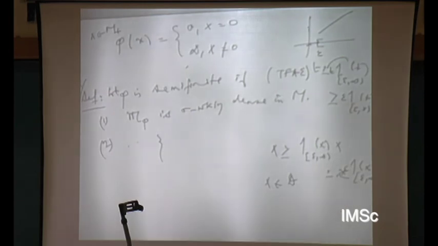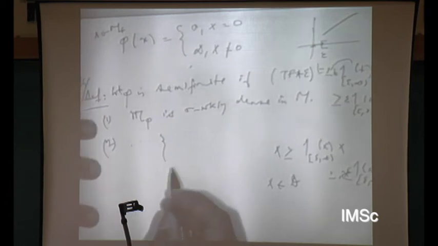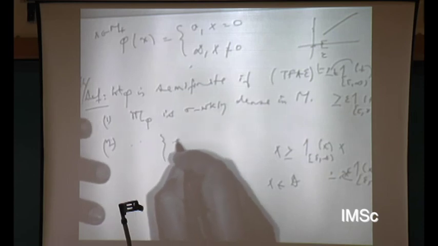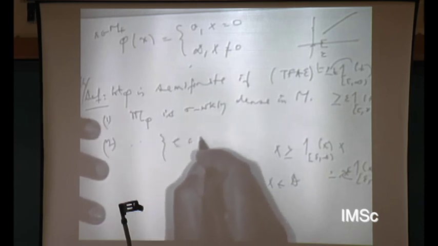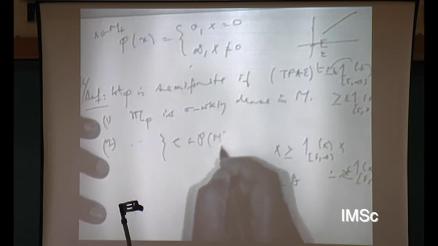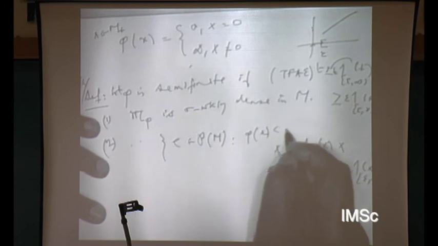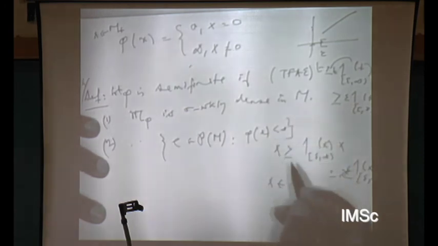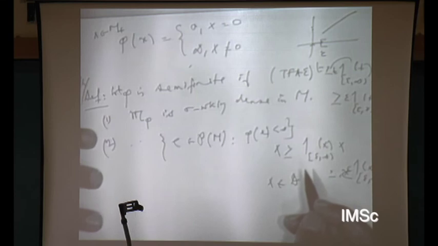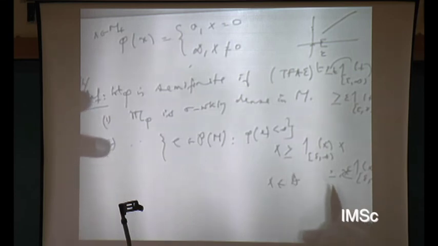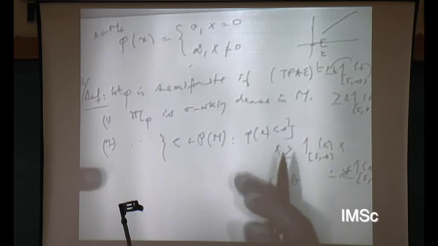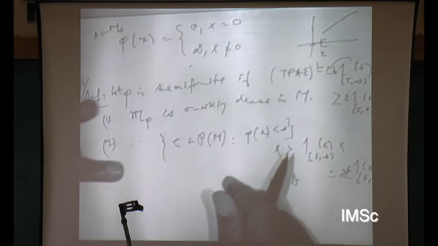That means there must be projections in D. There must be projections with finite phi value. So in fact, if you take the center fold E in P of M such that phi of E is finite, to say it is semi-finite means that certainly there exist many such projections.